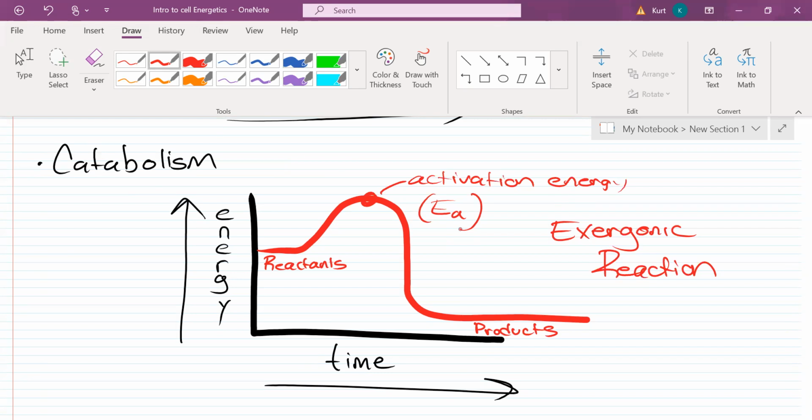So in anabolism, you're turning low energy molecules into high energy molecules, and in catabolism, you're turning high energy molecules into low energy molecules. So I'll write that down. Catabolism, high energy to low. And anabolism, if you can't come to that your own conclusion, anabolism is low energy to high.